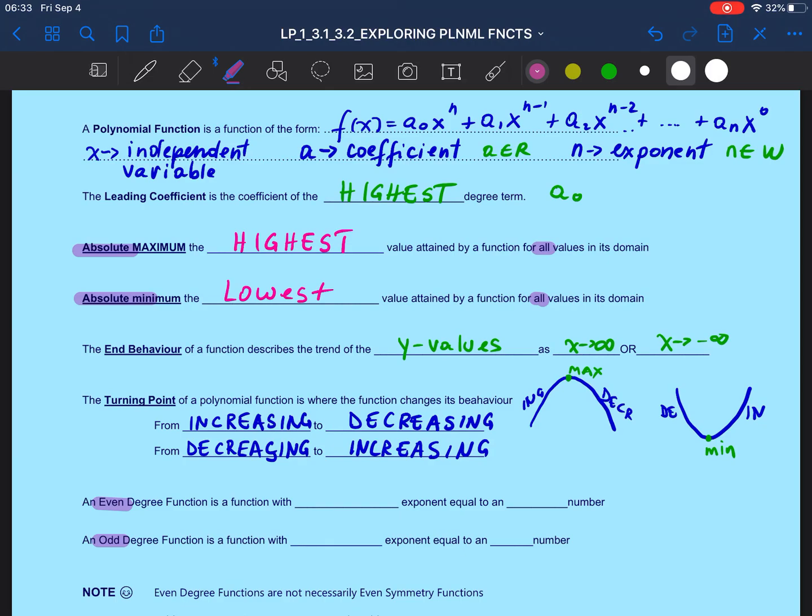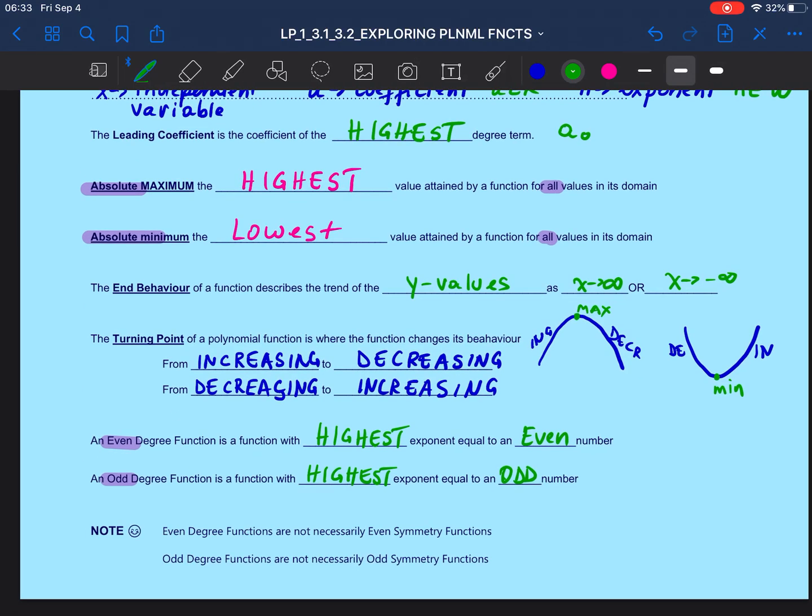An even degree function is a function with the highest exponent equal to an even number. And an odd degree function is a function with the highest exponent equal to an odd number.